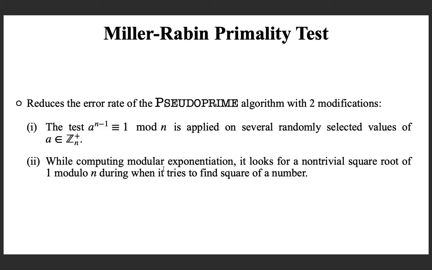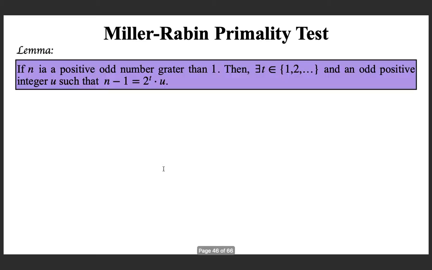We can see how it is doing that, and here is the lemma that will help us to get that algorithm. The statement is a little lengthy, but it is very easy to prove.